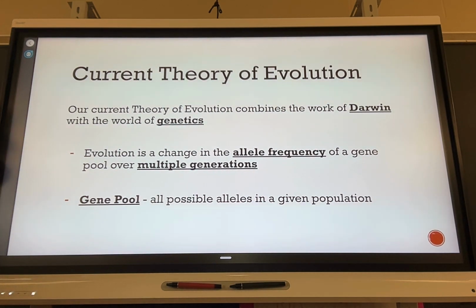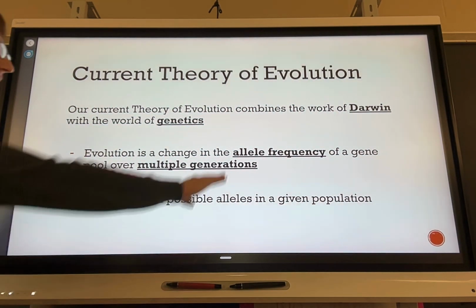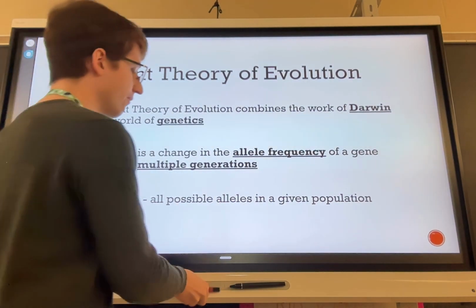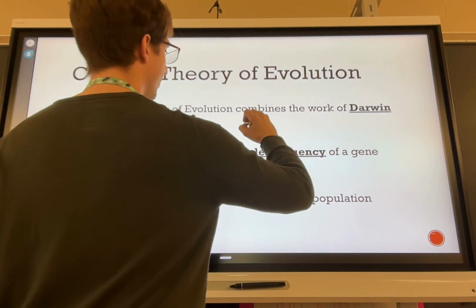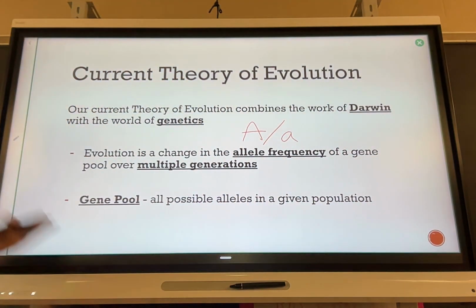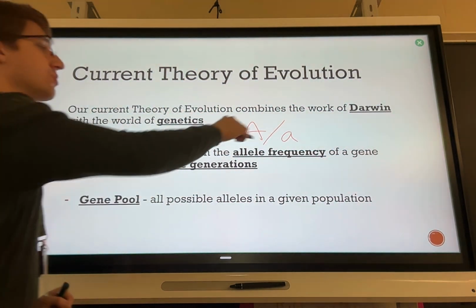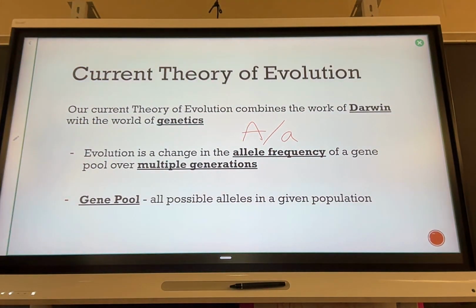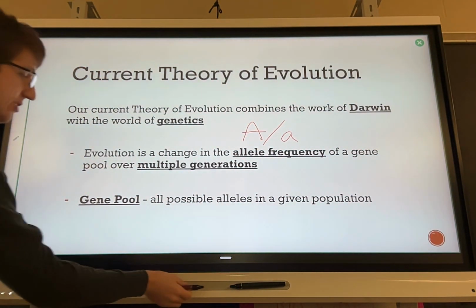So evolution now is thought to be a change in the allele frequency of a gene pool over multiple generations. Allele frequency is the frequency of dominant to recessive or various alleles. Some of our multigenic traits have many different forms of an allele. But how do those frequencies change over multiple generations?